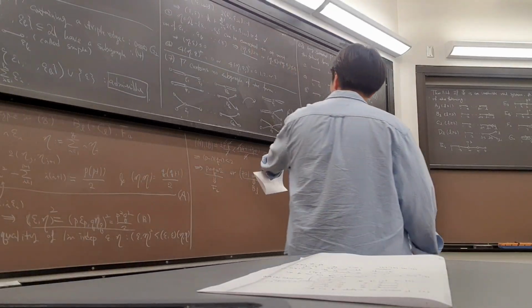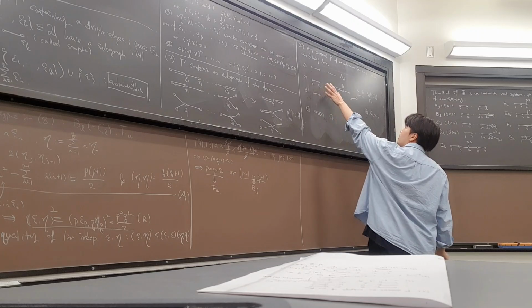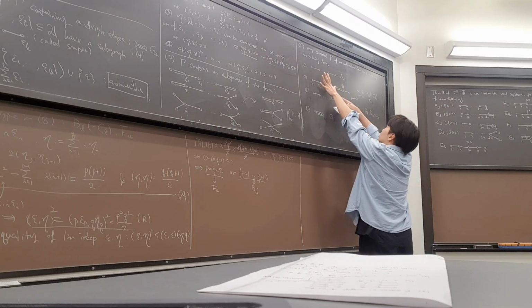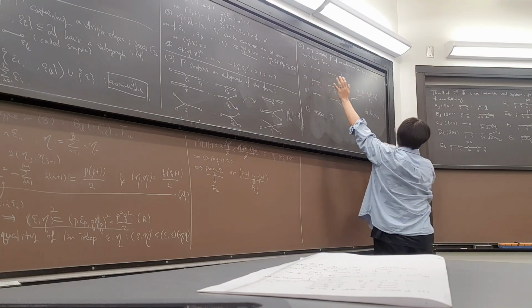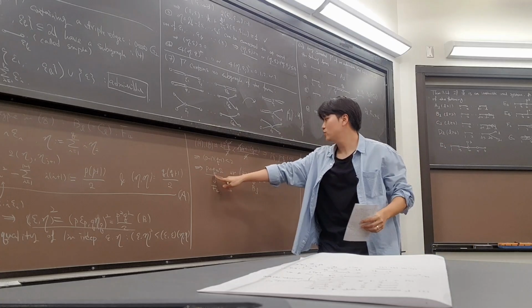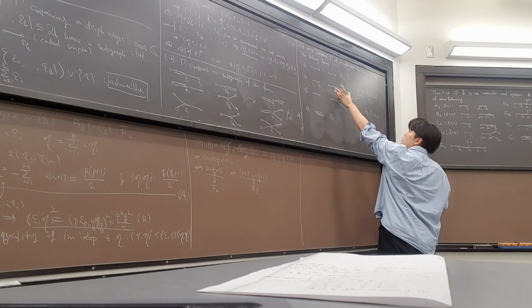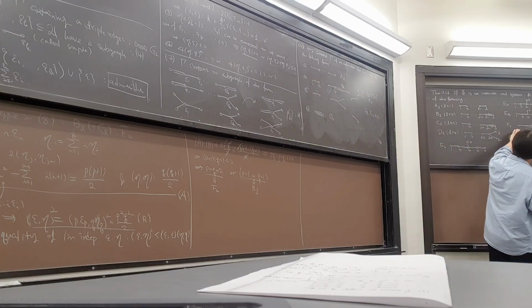Okay. So if p is 1 or q is 1, if p is 1, from this position, this looks like this, right? And if p and q are 2, we can remove this position, so we have the F4 case.